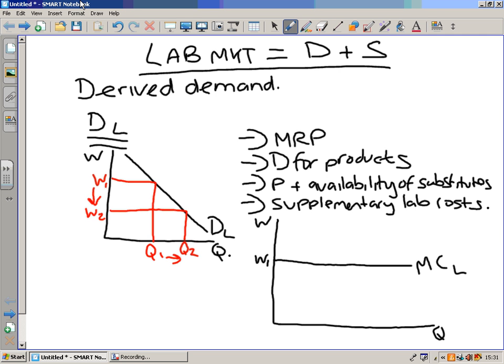We want to know how many people will this business employ, and this will be based on the marginal revenue product. And this generally is shaped like this. So what this shows is, as a business starts to employ people, it's getting more economies of scale, increasing returns to scale.